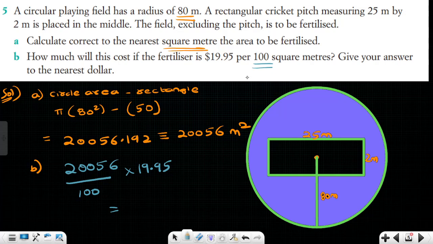Let's see what answer we get. If not understood, please message me. It's easy only. I am getting 4001.172. If you round it to the nearest dollar, you will get $4,001. I think once you check the answer, you will get the same.